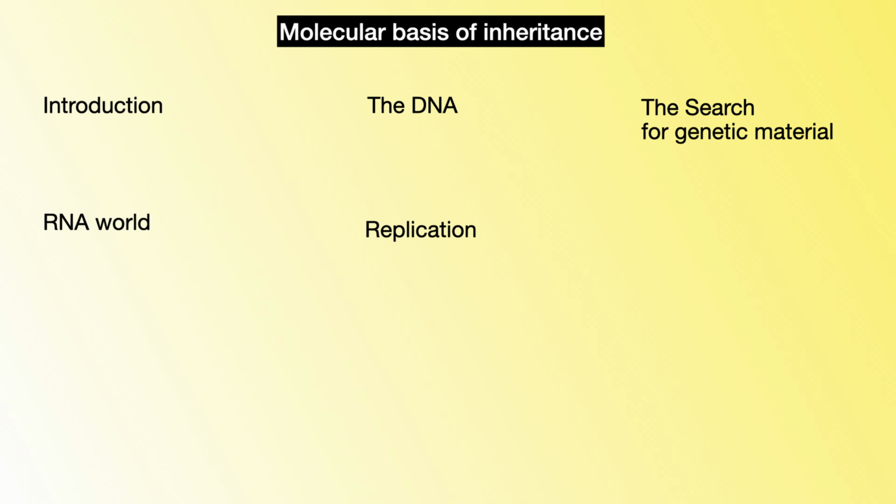Now, let us imagine a book with 10 chapters in it. Replication is like getting the whole book photocopied. Transcription is like getting only one chapter in that book photocopied. Let us think you want to photocopy the fifth chapter. How will you know where it starts and where it ends?